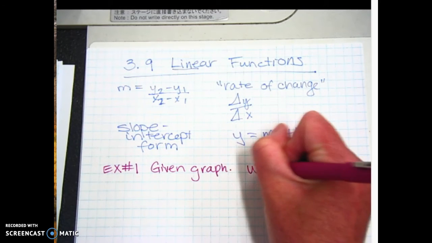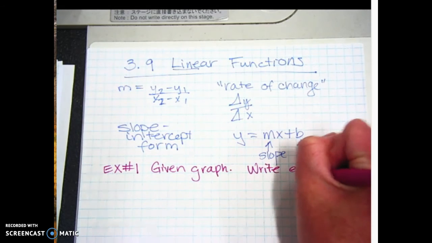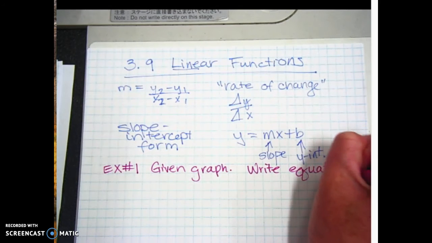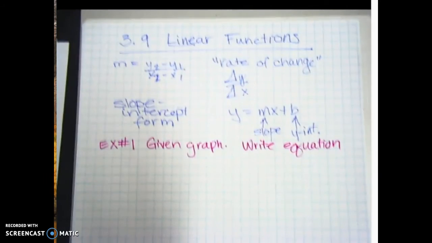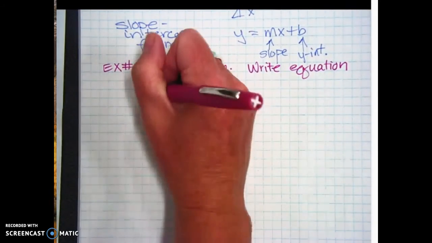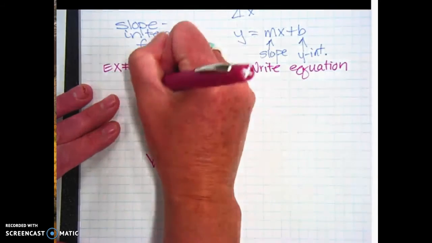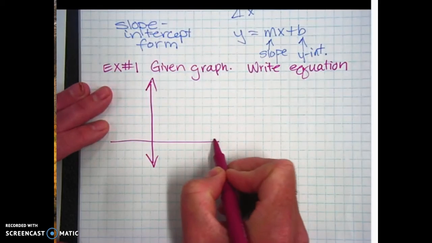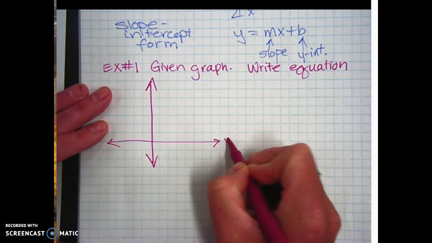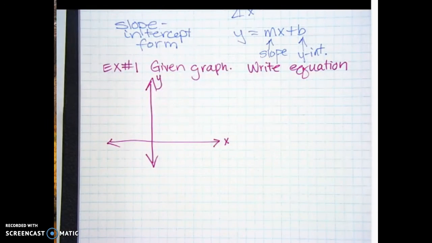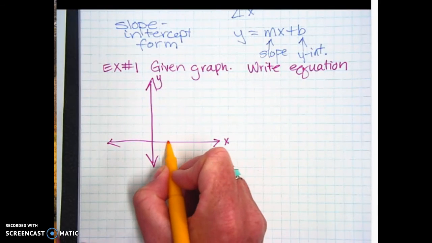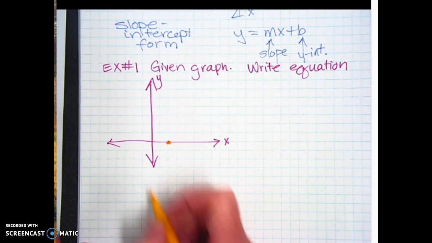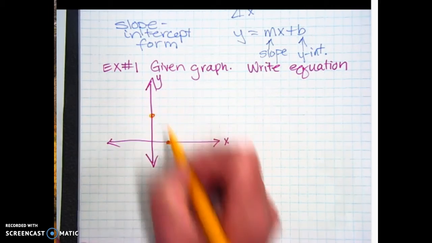We're going to write the equation. So for the graph, we're going to sketch our x and y axis, our coordinate plane. I'm going to put a point at (2, 0) right here and a point at (0, 3). 1, 2, 3.